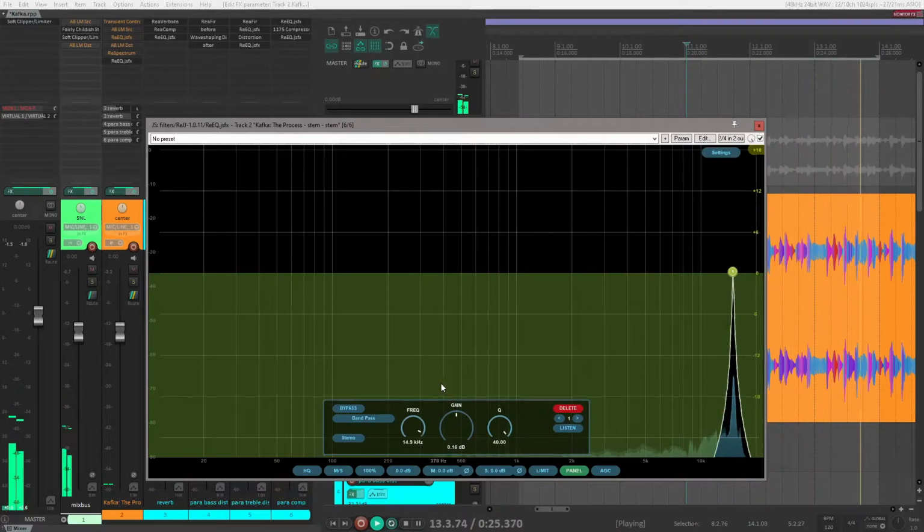Naturally, it's not very interesting to look at this with such a steep curve. That was just to demonstrate the parts.